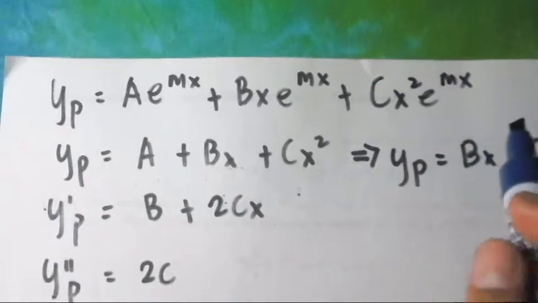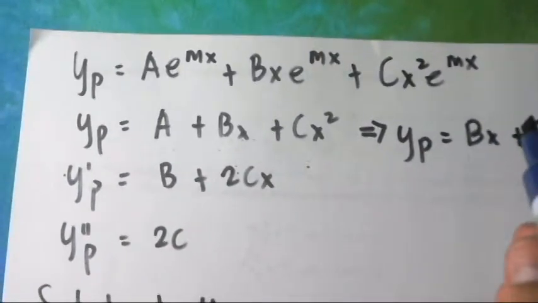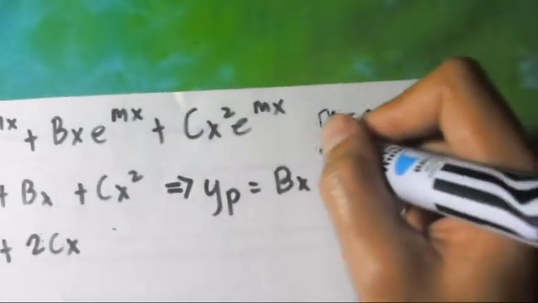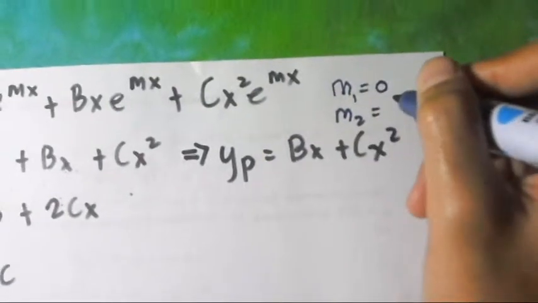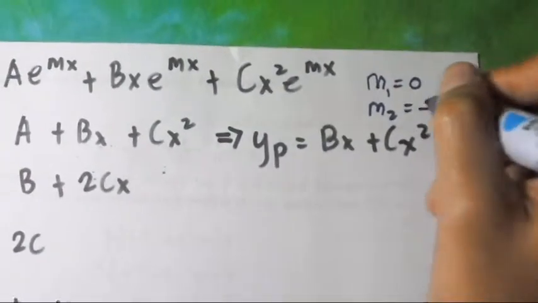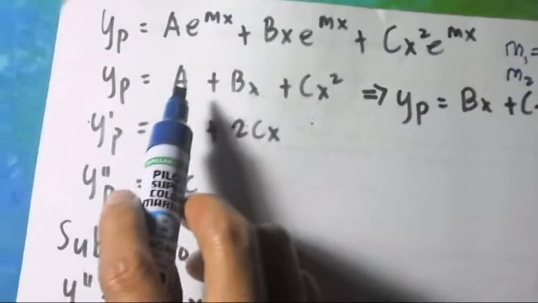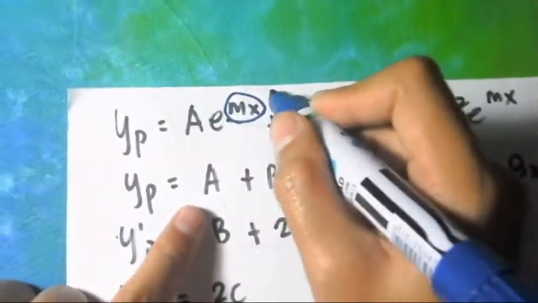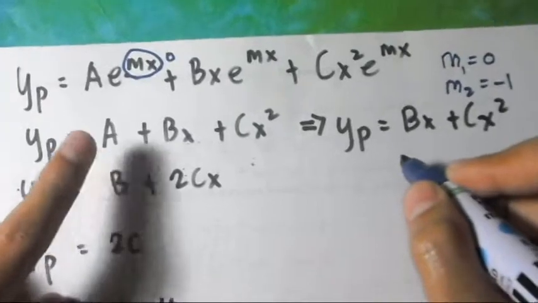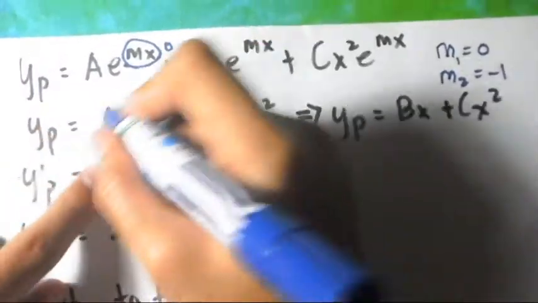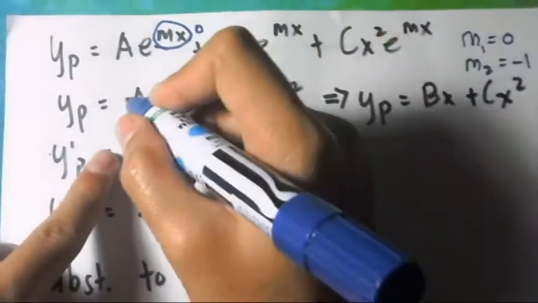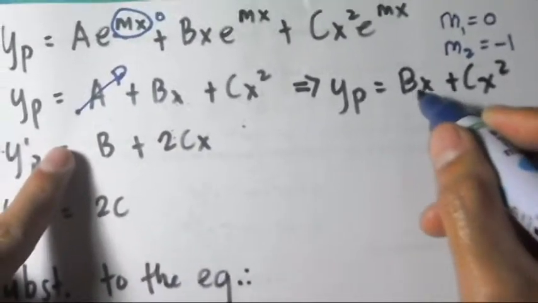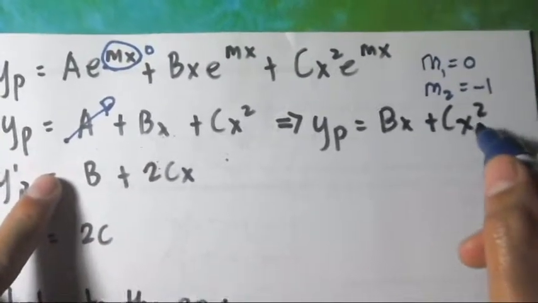And now, using the previous roots, m1 is equal to 0 and m2 is equal to negative 1. We set e to the mx to 0 so that we have the value of 0 for this equation. So, by cancelling the A, we already have y particular, which is Bx plus Cx squared.